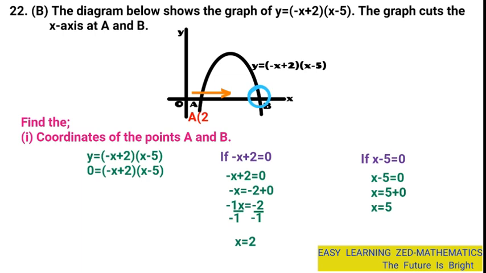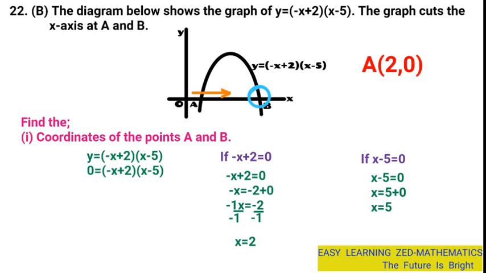Meaning the coordinates for point A are 2, 0. So I can write them there. The answers we were supposed to write were A, 2, 0. Now let's come to the second question.